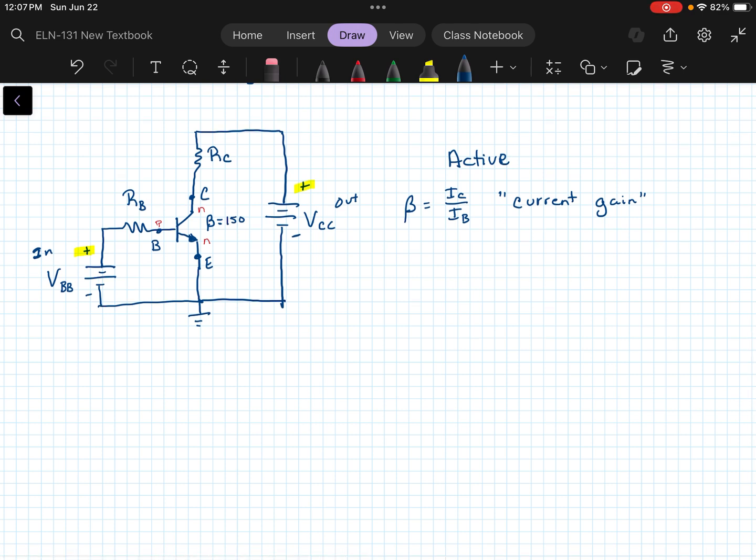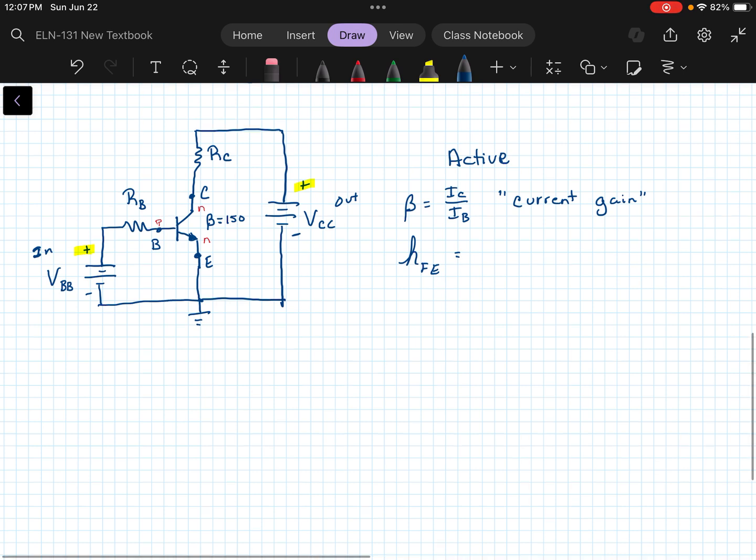On your data sheet, you might also see it referred to as HFE. That name is the hybrid forward current common emitter.